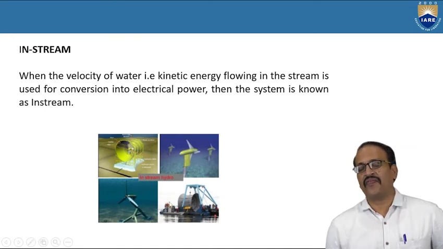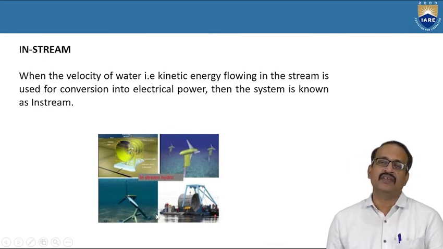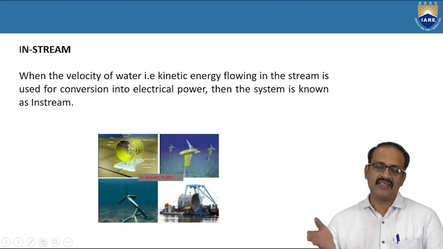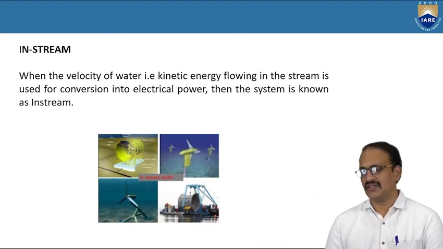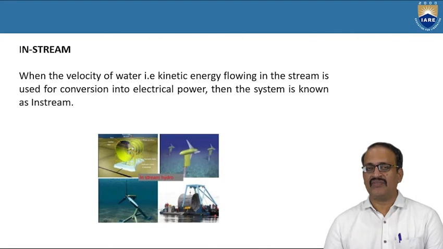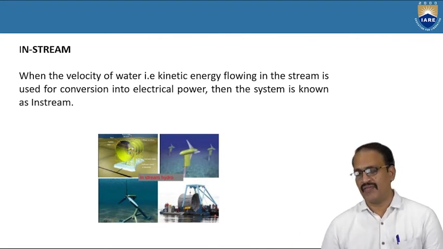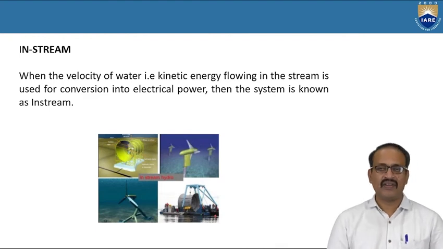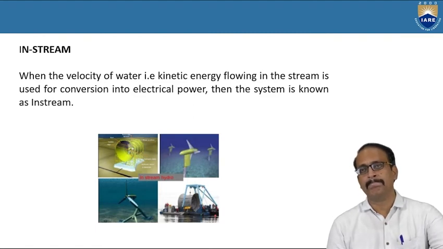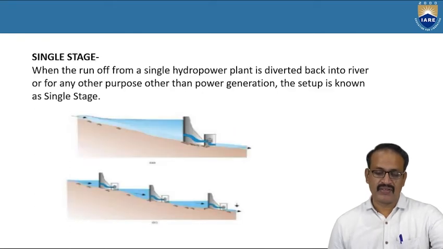With the current of water flowing in the river, we are just using the kinetic energy. We are not increasing the level of the river here. Inside the water we have placed that equipment, which will rotate with the kinetic energy of the normal flow of the river. They will be connected to the generator and they will produce the power. Such an arrangement is called in-stream type of power generation.